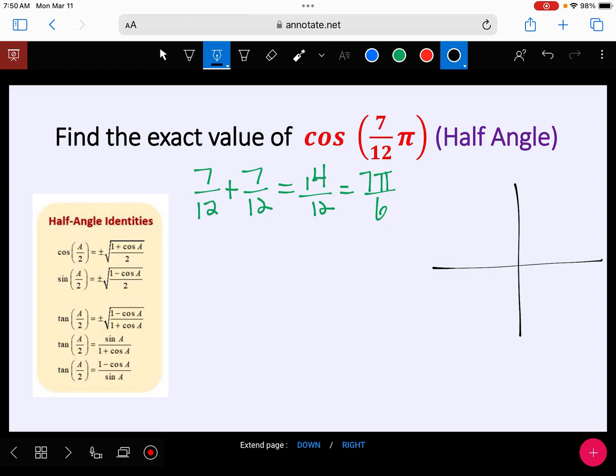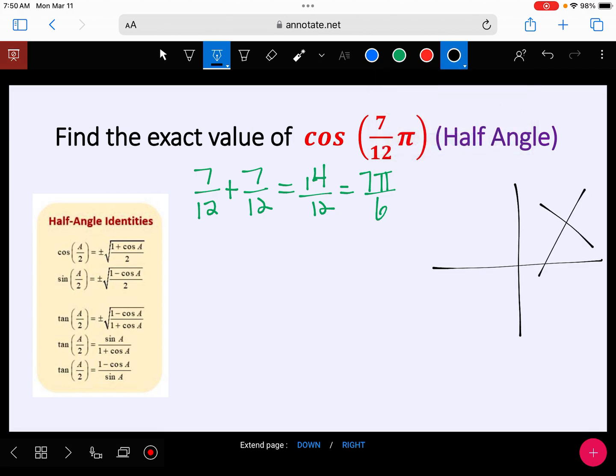7 over 12. The first question I ask myself is, is that more than 1/2 or less than 1/2? 7 over 12. More. So I know I'm not in quadrant 1.